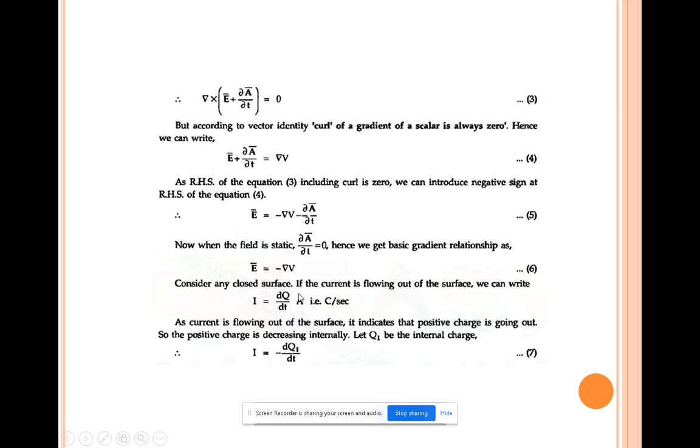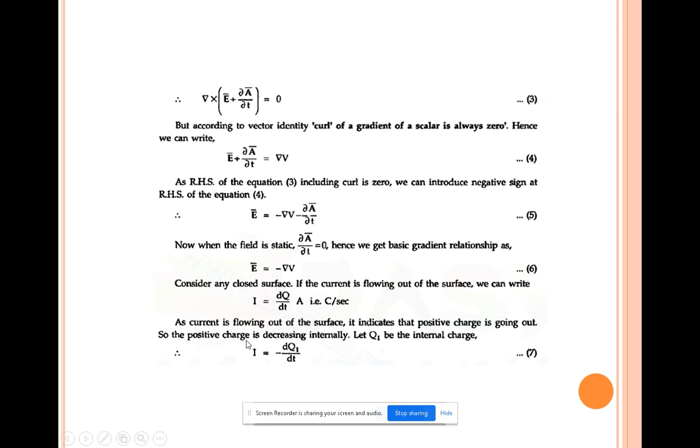Now consider any closed surface. The current flowing in the closed surface will be I equal to dq by dt. The change in charge with respect to time gives the current. Okay, dou q by dou t. This is the ampere unit. Don't write it together with this, this is the ampere unit. I equals dq by dt. Okay.